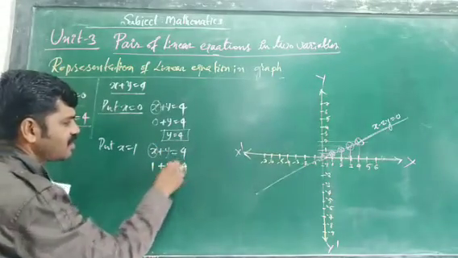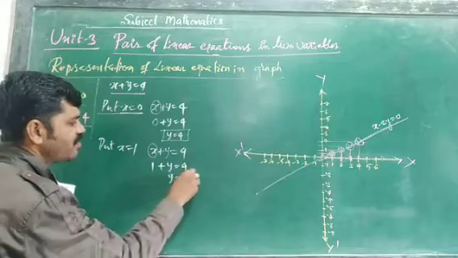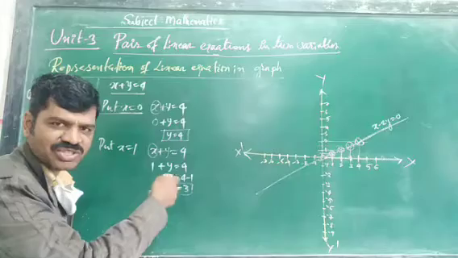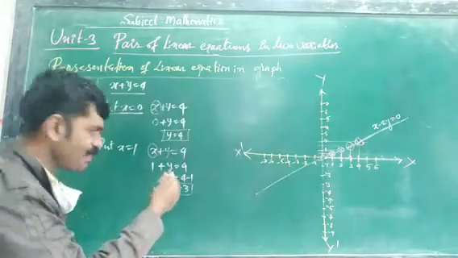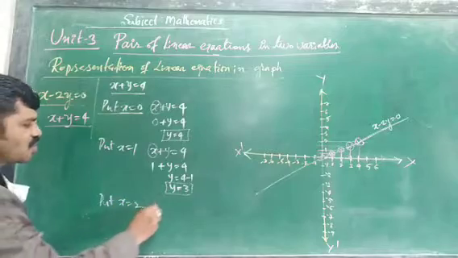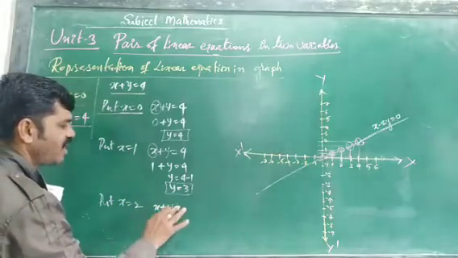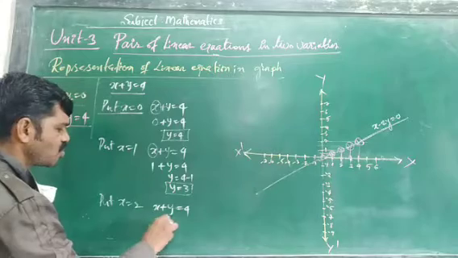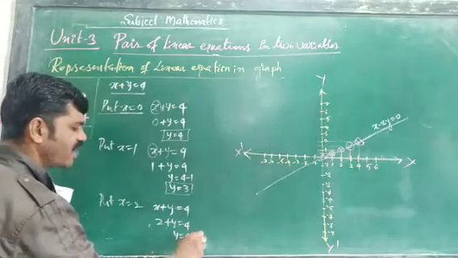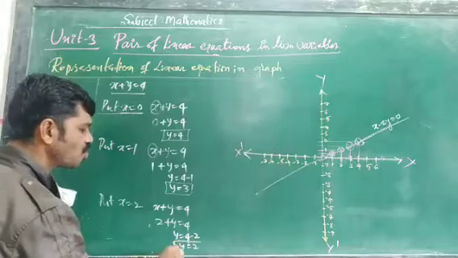So then the value of y will be 3. This is a simple calculation you could understand, no need to explain, okay? So when the value of x is given equal to 2, we have the equation x plus y is equal to 4. So 2 plus y is equal to 4. Then we arrive at the y value, y is equal to 2.